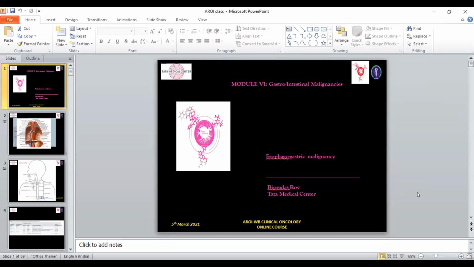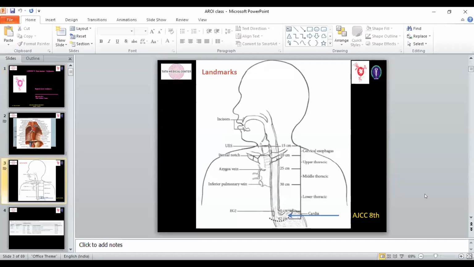But still I will try to give a basic idea. As postgraduate trainees, you know the theoretical part better than anybody else, but what you should know is the practical implication and application of that knowledge in clinical practice. So let us start with the discussion about esophageal cancer.